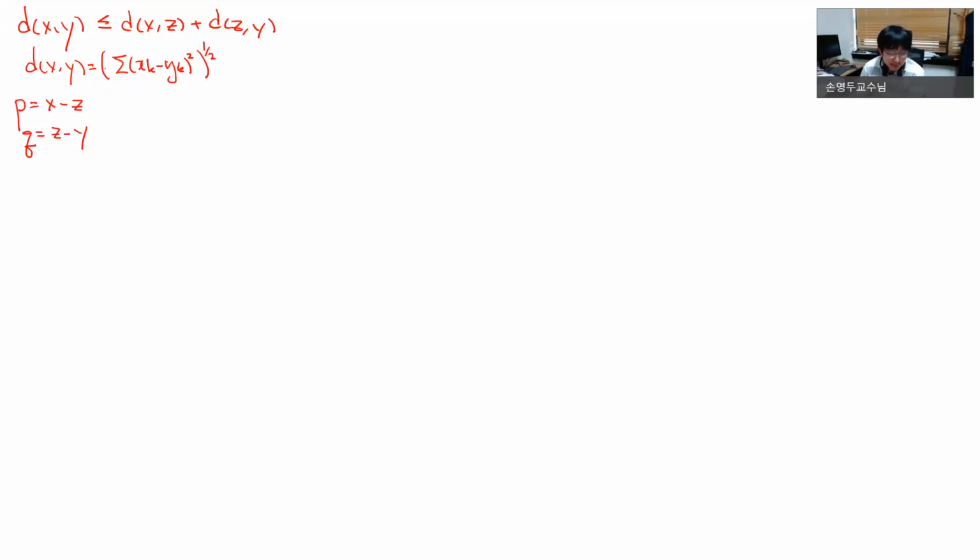And first, we will consider, for a real number c, the square root of (p1 minus c q1) squared plus ... plus (pn minus c qn) squared.